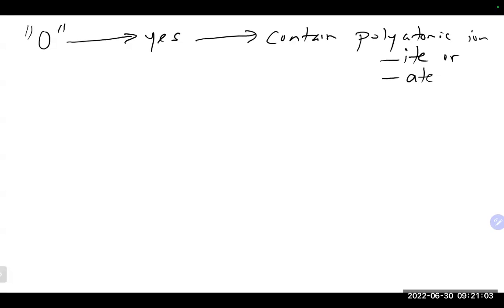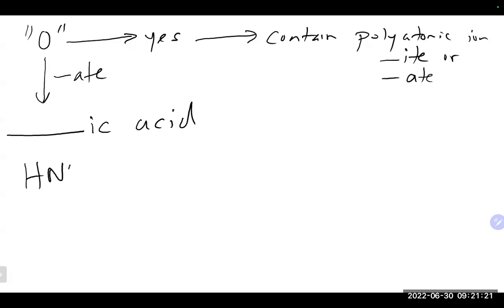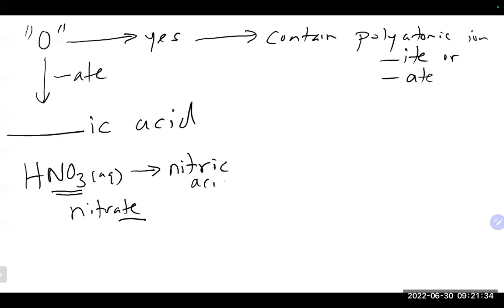So if your acid does have oxygen and your polyatomic ion ends in ATE, the acid would be named as something ic acid. So for example, if I had HNO3, NO3 is nitrate, which means this acid would become nitric acid.